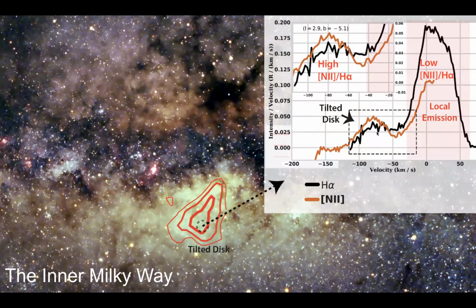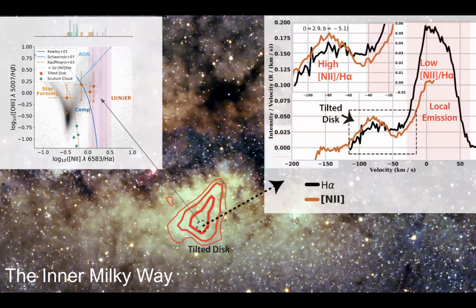What this lets us do ultimately, because we have even more emission lines, is compare this to large samples of other galaxies using a technique called the BPT diagram, where you look at the nitrogen-2 to H-alpha line ratio and the oxygen-3 to H-beta line ratio, all of which we're able to detect here from the structure.